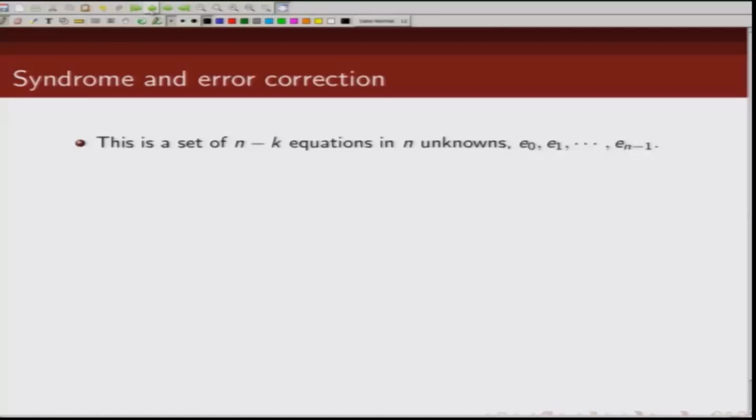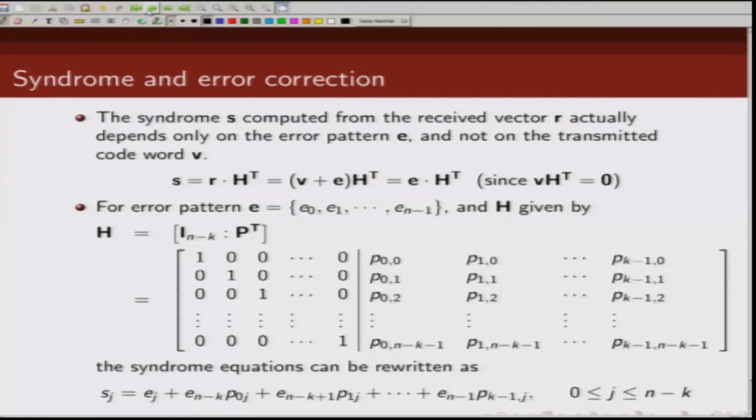Now, we will move into error correction, and we will talk about how we can use the syndrome for error correction. As we saw from the syndrome equations, R was 1 cross n and H transpose was n cross n minus k.